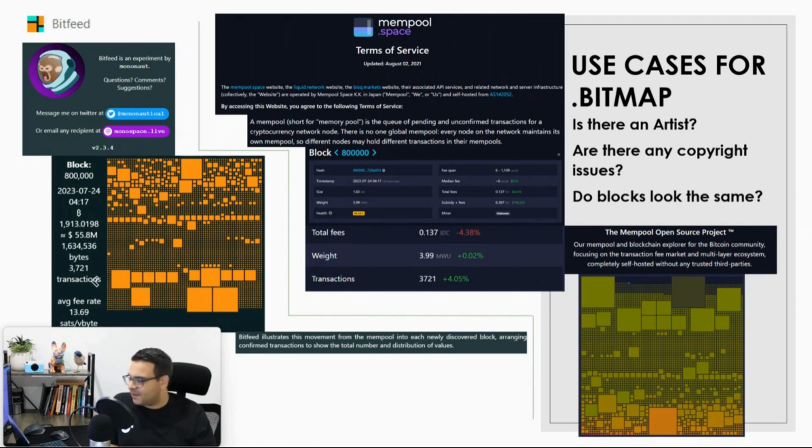So that's basically them saying this is their take on how the blocks look, which I think is really, really interesting.